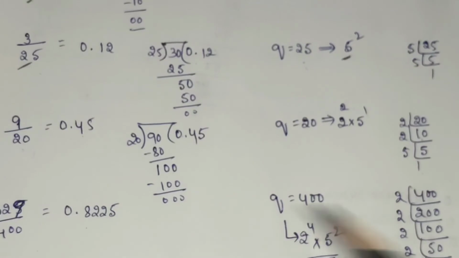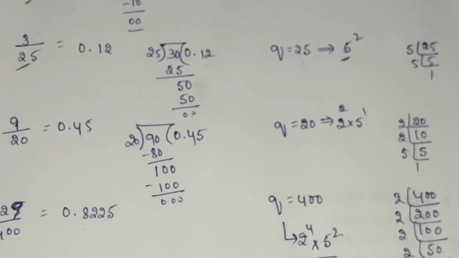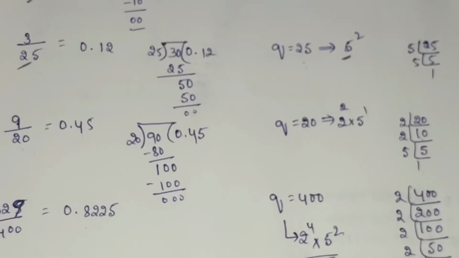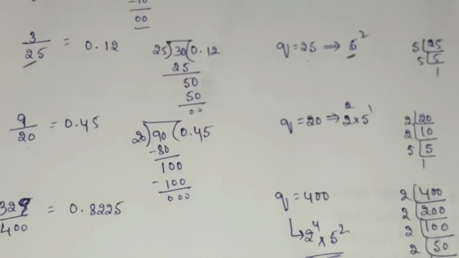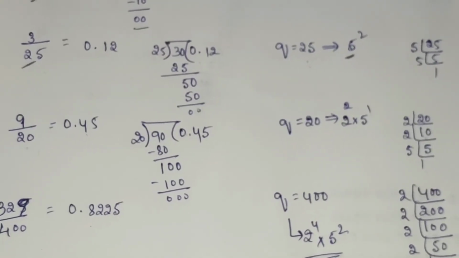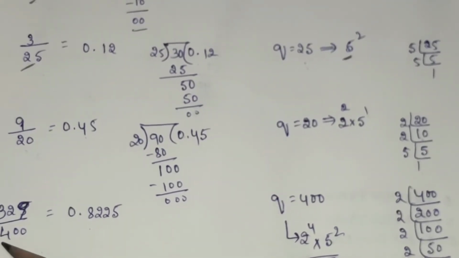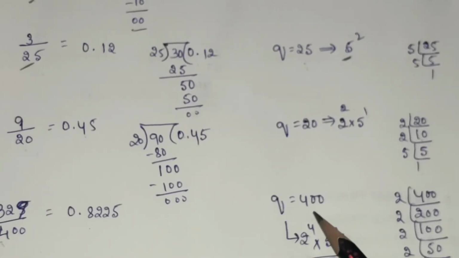And we can take one more example, that is 329 by 400. When you divide, you will get the quotient as 0.8225. Here, when you look at the q, it is 400.